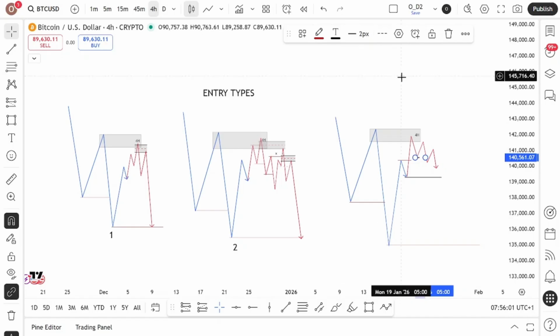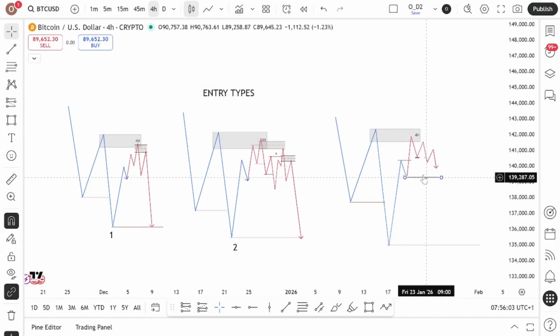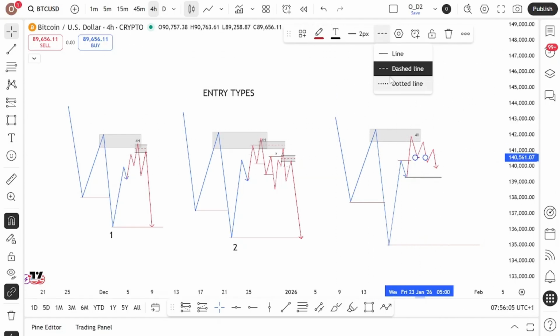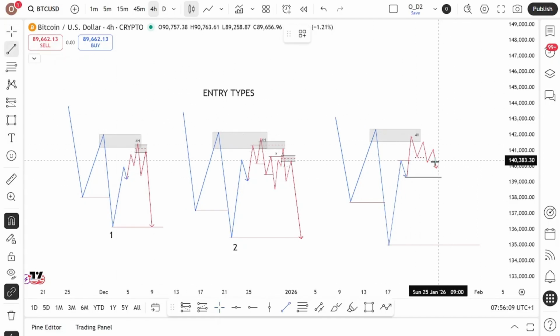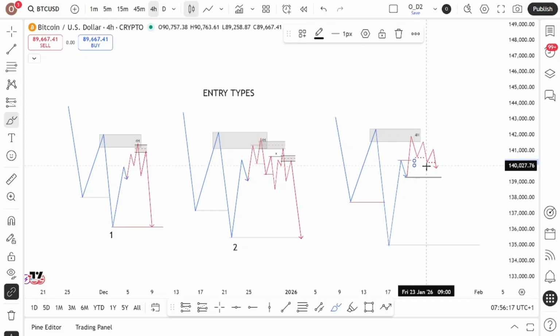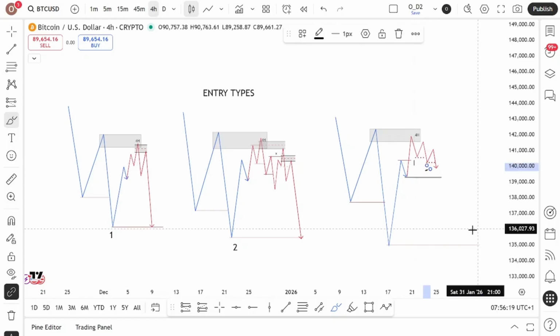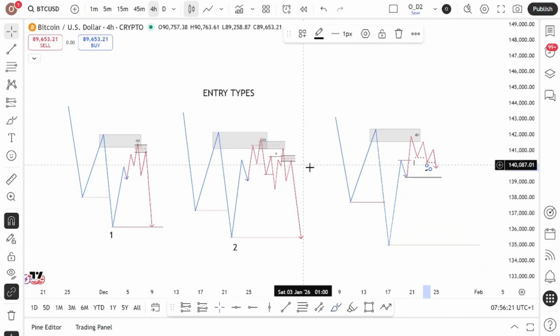Let me change this to a dotted line. Okay, so it gives you that break of structure one and then break of structure two. So on the internal structure, on the 45, you're having break of structure one and then break of structure two right there.